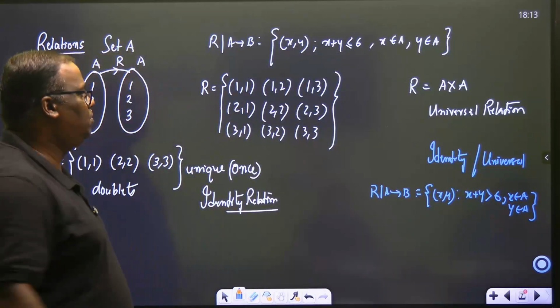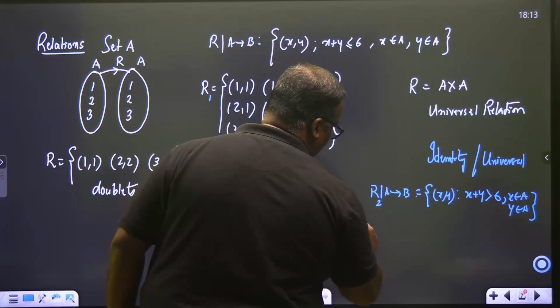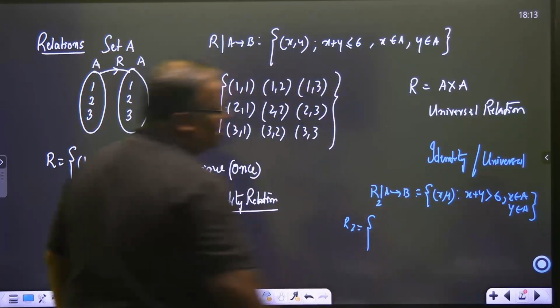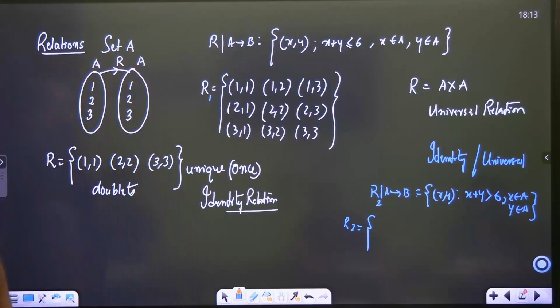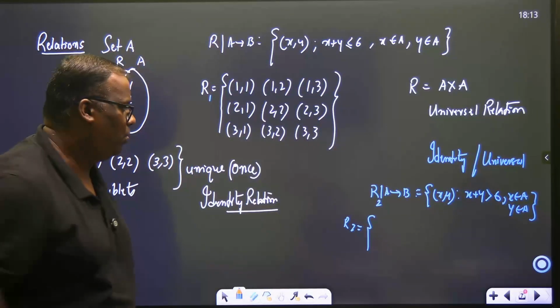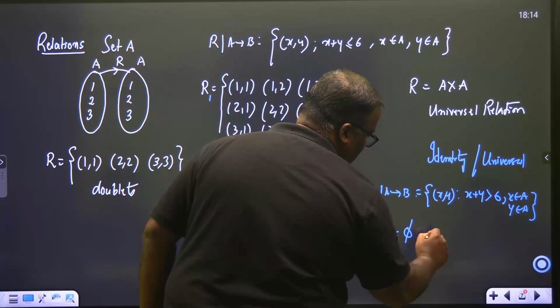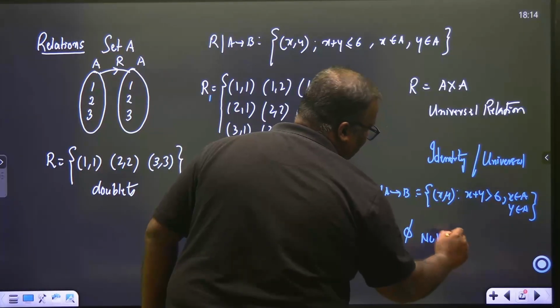Create those ordered pairs. So let's say this is R1 and let's say this is R2. Now create those ordered pairs such that their sum exceeds 6. Do you have any ordered pair? No. This is known as phi. This is null set or phi.